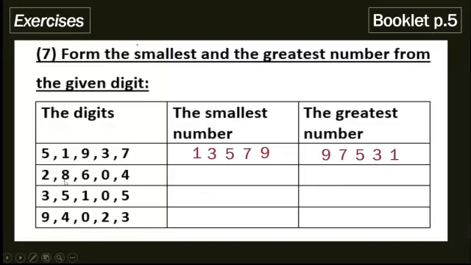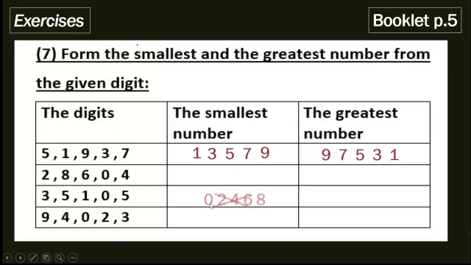Next one, I have 28604. So I will arrange them in ascending order. Someone will tell me they will be like this: 0, 2, 4, 6, 8, and I will say that's wrong. Why? Because 0 on the left has no value, so it will be only 4 digits, and I want a 5-digit number.